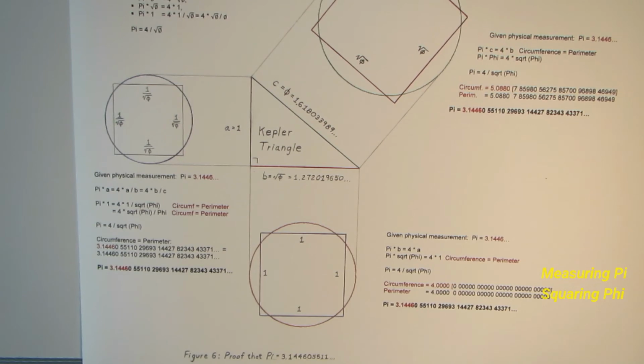So the phenomenon of pi really is a phenomenon of the golden ratio phi. You can look at the Excel spreadsheet on my website and see for yourself. I'm sure you can come up with some universal constants yourself. So good luck.